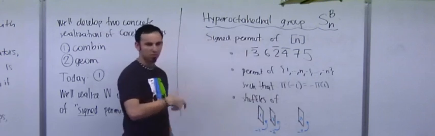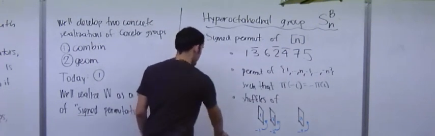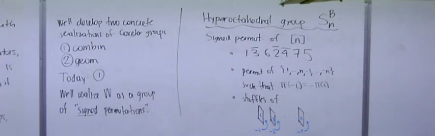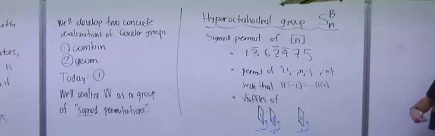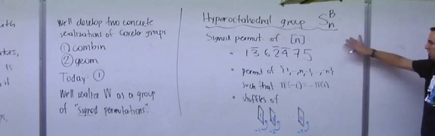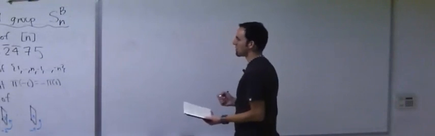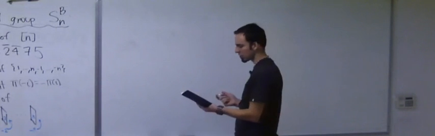And all I'm doing is shuffling these in every possible way. Okay? And then this also describes to you what the group operation is. You just shuffle according to the one permutation, then shuffle according to the other. Okay? I'll actually multiply explicitly in a second to make sure that we understand. But so those are the signed permutations of n. They form a group by composition of these shuffles.